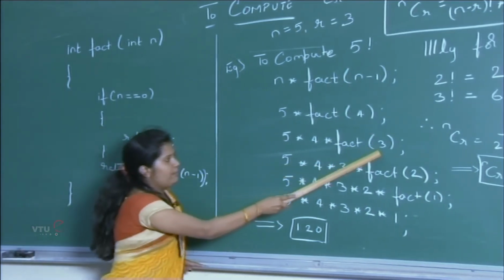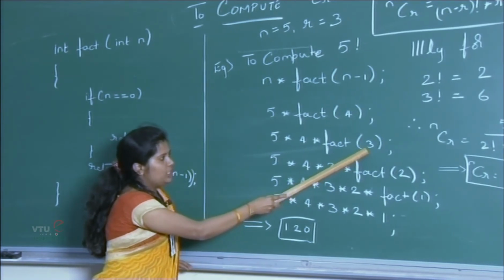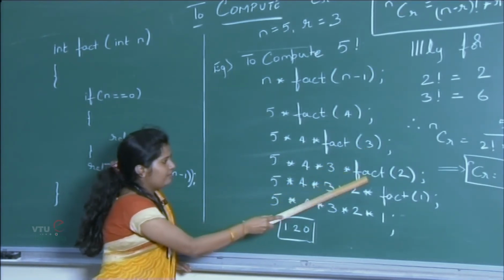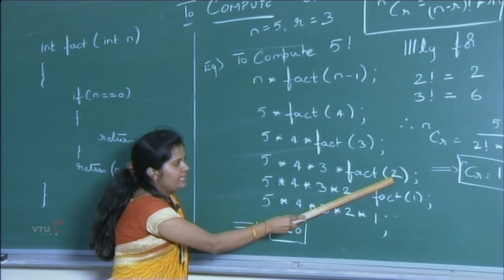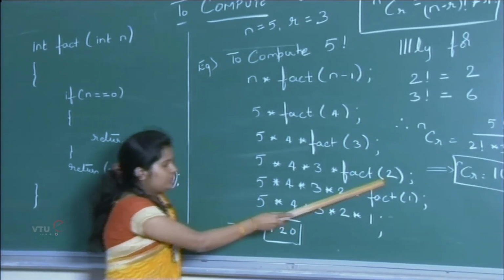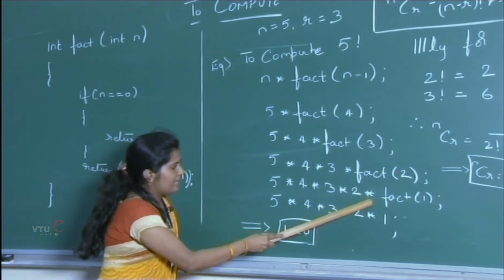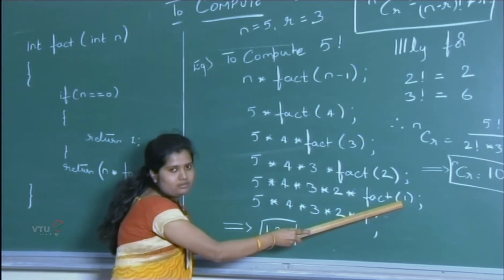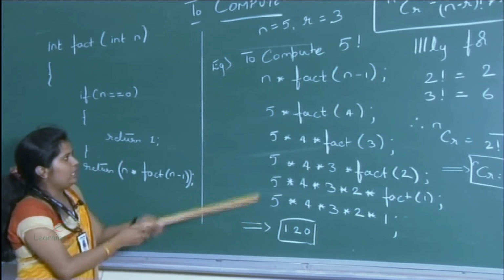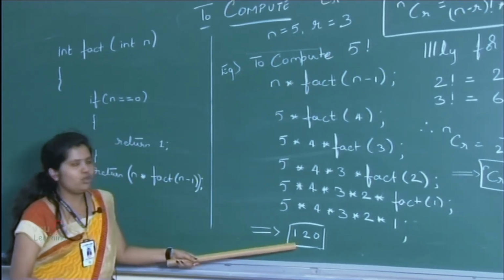So then let's compute the factorial for the value 3. 3 star fact of n minus 1, that is 2. So then 5 star 4 star 3 star 2 star fact of 1. Then the factorial of 5 will be equal to 120.